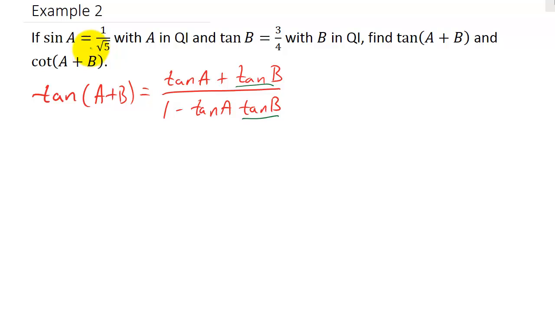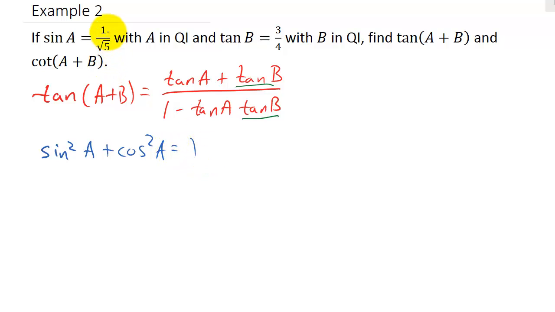If you notice over here, they give us sine A. Remember, tangent is sine over cosine. So if I can figure out what cosine A is, then I can just do sine A over cosine A. So let's see if we can figure out what cosine A is. I'm going to use one of the Pythagorean identities. If you're at this point in trig, you've already gone over those. So we know that sine squared A plus cosine squared A is equal to 1.